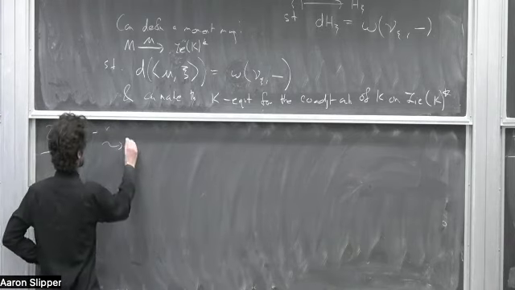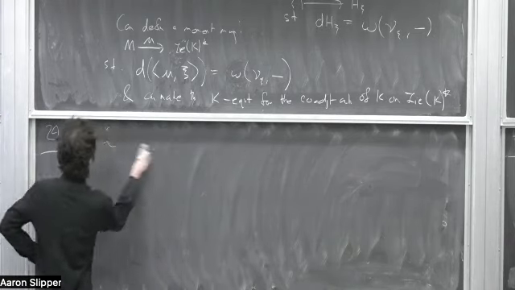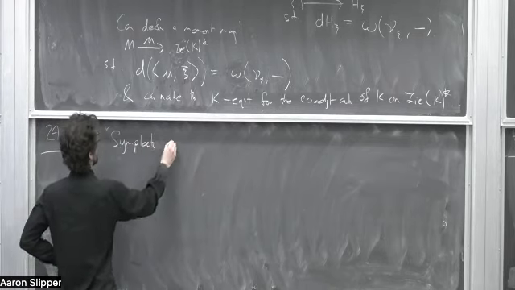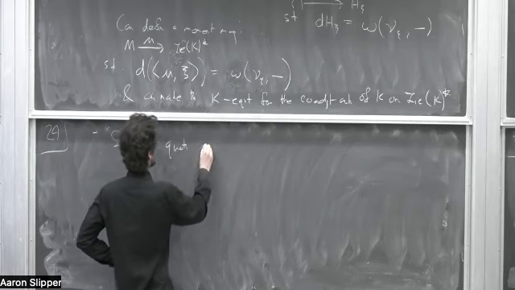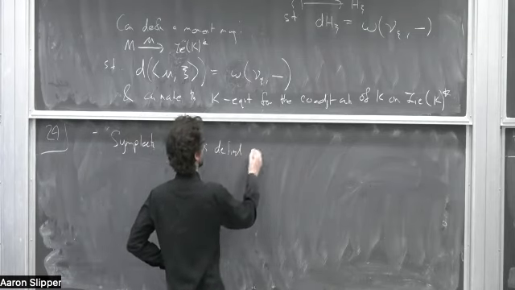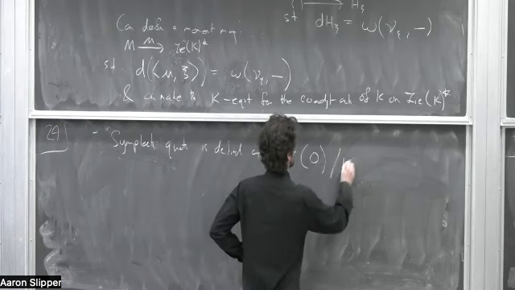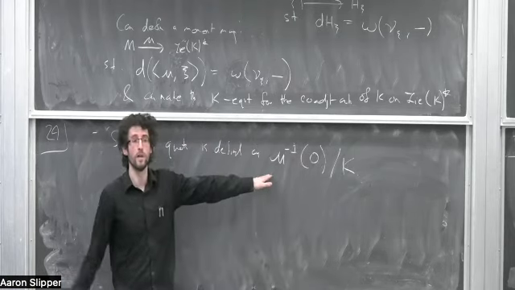In good circumstances, the symplectic quotient is defined as mu inverse of 0 mod K.